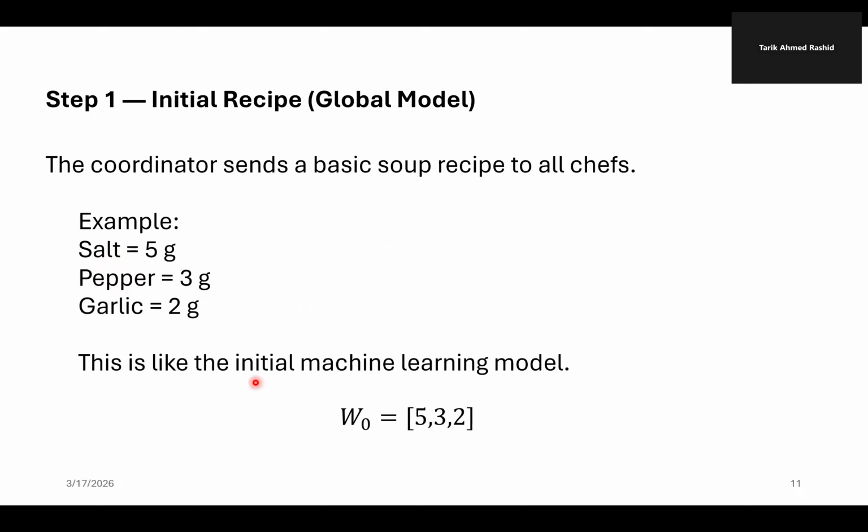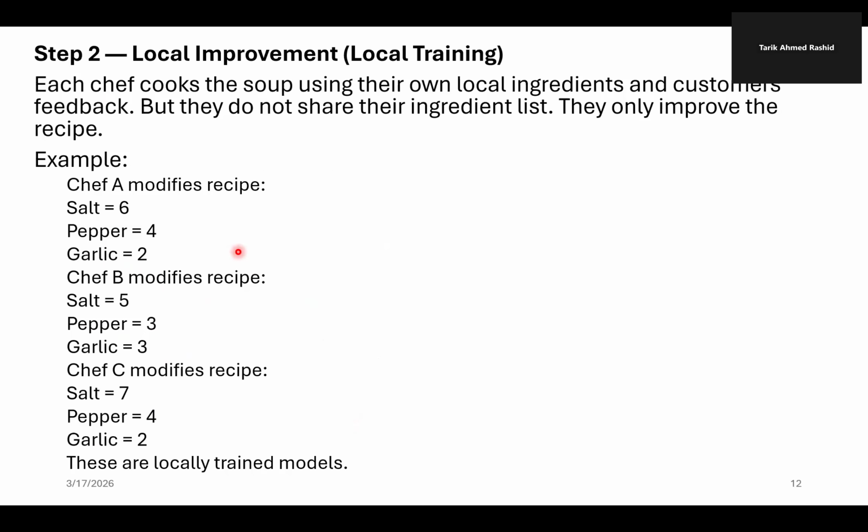This is like the initial machine learning model. So 5, 3, 2. This W will be sent to each device, and each device tries to cook the soup, modify it, and improve the recipe.